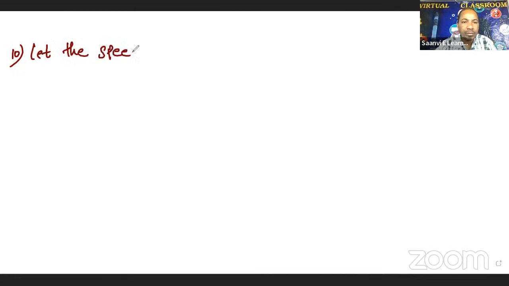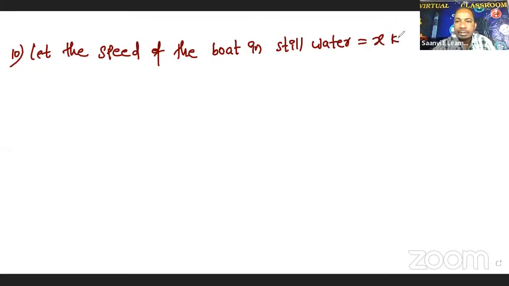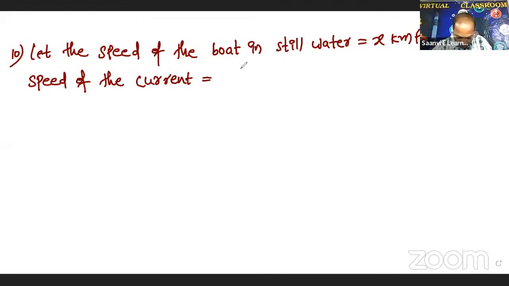The speed of the current is given as 3 kmph.